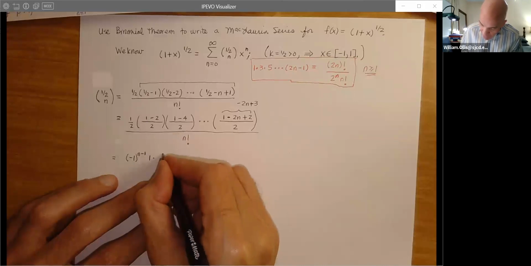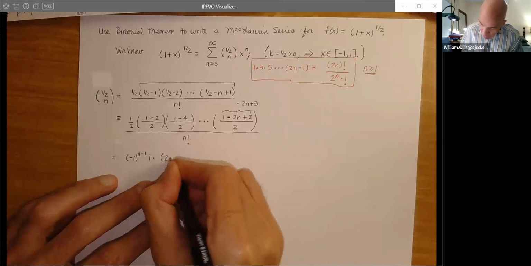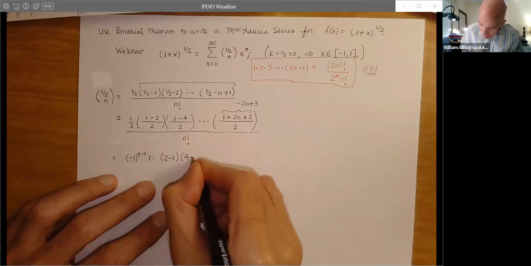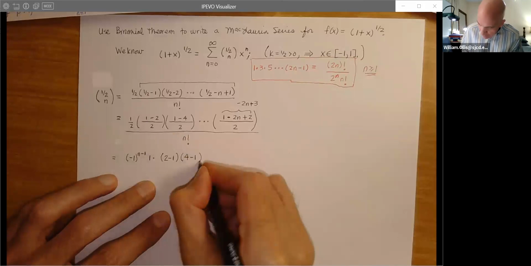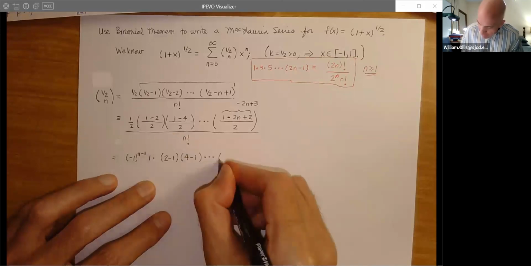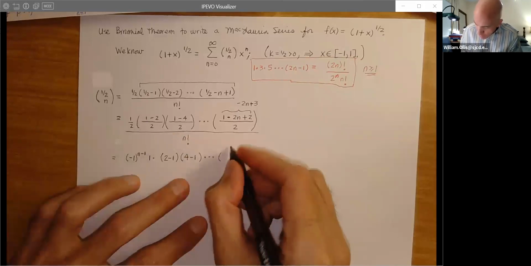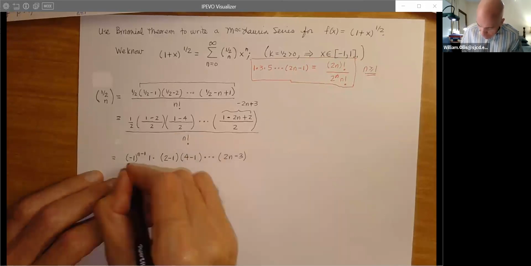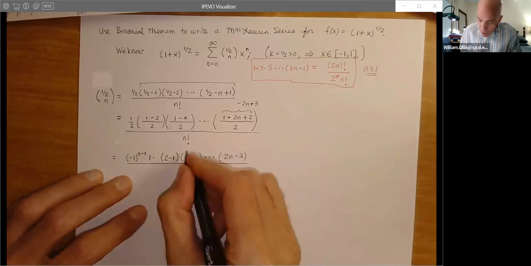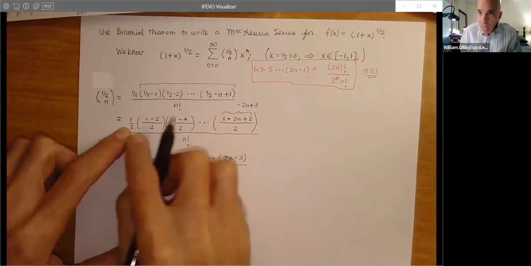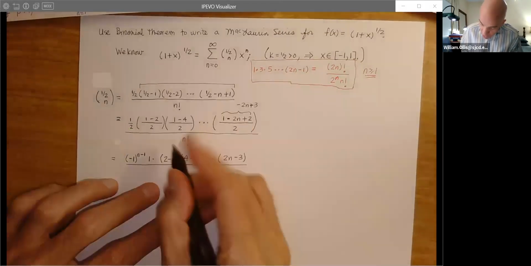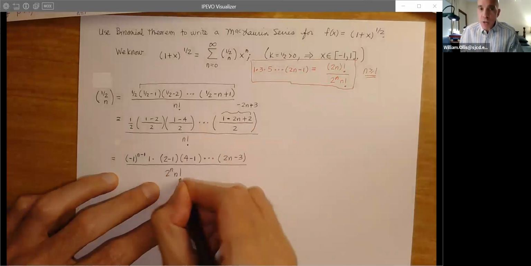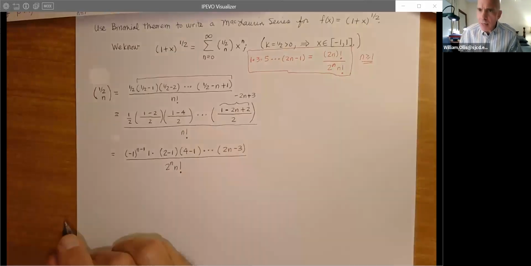Well, I'll write it down this time. I'll be real meticulous this time. n minus 3. And then, of course, all the 2's downstairs, we have n copies of those. So we have 2 to the n factorial.